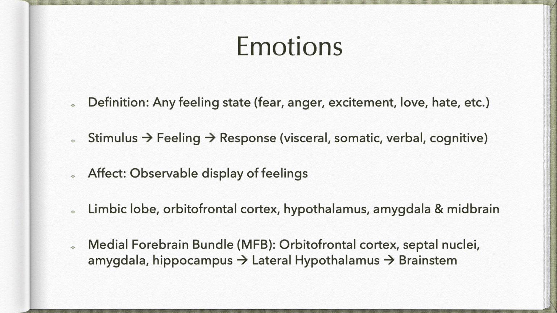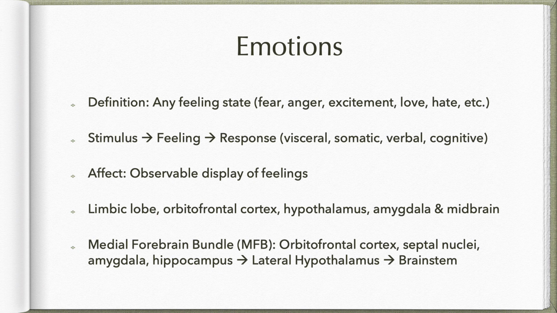Now the feeling is then expressed, or there is a response to that. It could be a visceral response, like increased heart rate, flushing of the face, dilated pupils, any of these visceral responses. There could be somatic responses. You may flare your nose or try to get into a fist fight, or any such somatic expression; that is the second type. The third could be verbal expression.